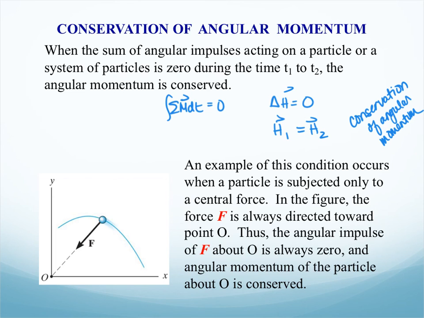Because if you have a central force, the radius vector and the force vector are anti-parallel to each other. Therefore, the moment due to r cross F is 0, and therefore the angular momentum will be conserved.